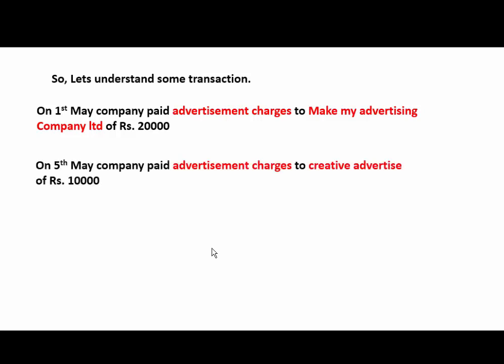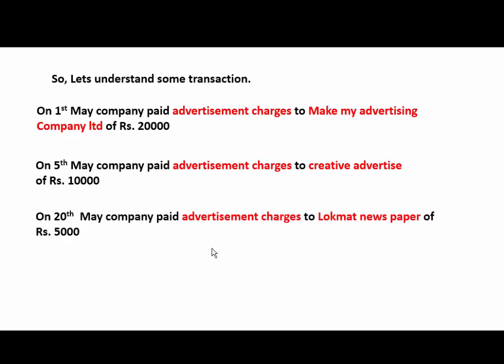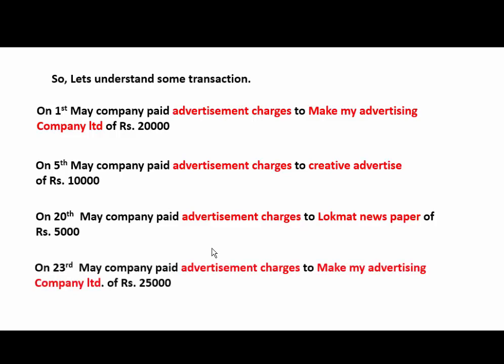We take some transactions: on 1st May the company paid advertisement charges of rupees 20,000; on 5th May the company paid advertisement charges to Creative Advertise of rupees 10,000; on 20th May the company paid advertisement charges to Lokmat newspaper; and the last one is paid advertisement charges to Make My Advertising Company Limited again. So these transactions are executed in the month of May.